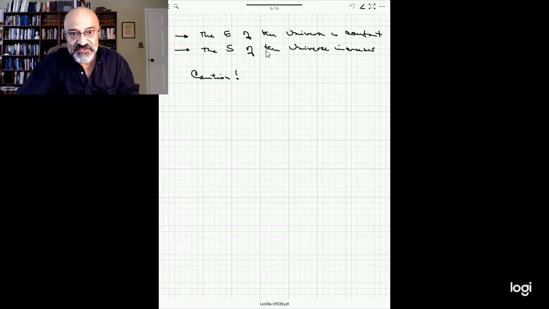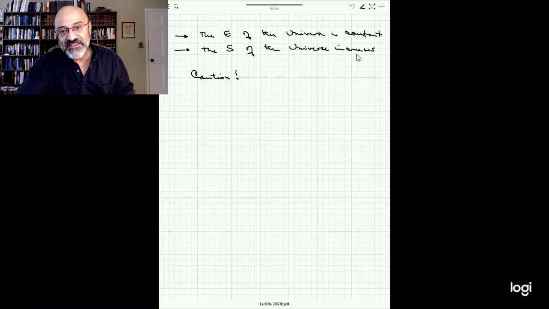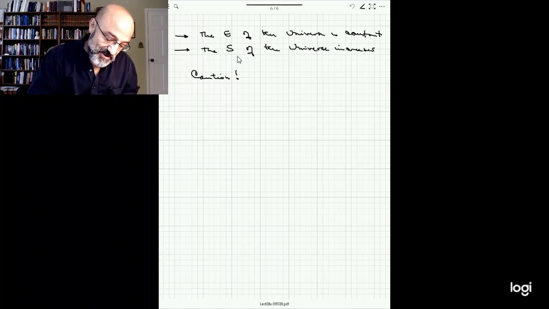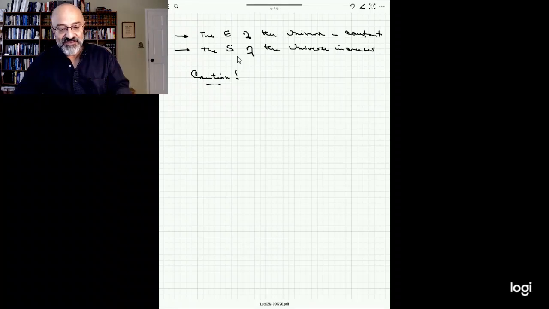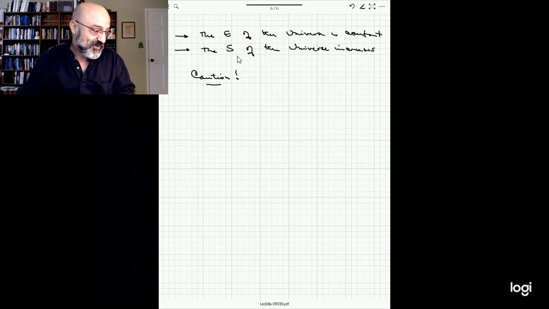So again, it's not that the entropy of the universe is increasing or not increasing. The entropy of the universe is not defined, or at least the thermodynamic entropy of the universe is not defined, because the universe is not in equilibrium. So you have to be very cautious about glib pronouncements of that type, and people do it all the time. So you have to realize that they don't mean much. It's better just to keep quiet.